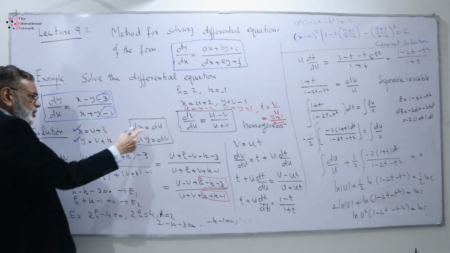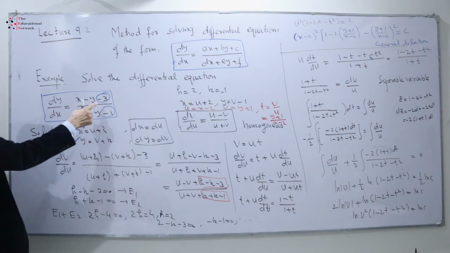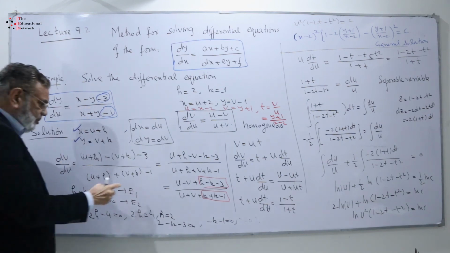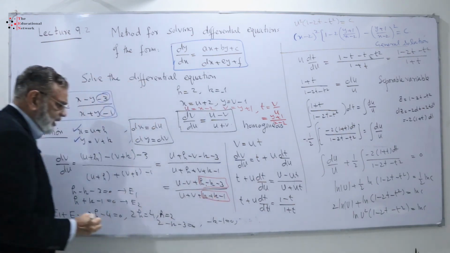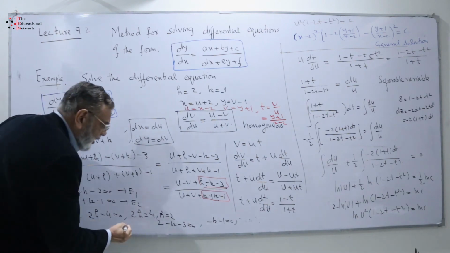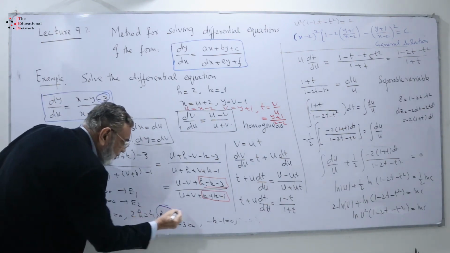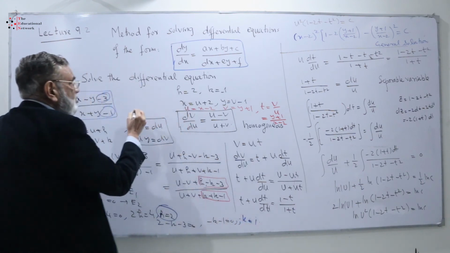Then dx will be du and dy will be dv. We substitute this into the equation and find the values of h and k by solving these two equations. We get h equal to 2 and k equal to minus 1.